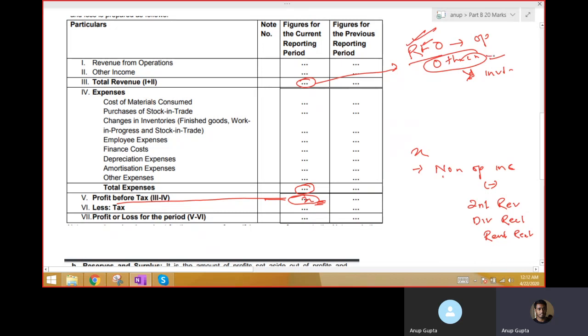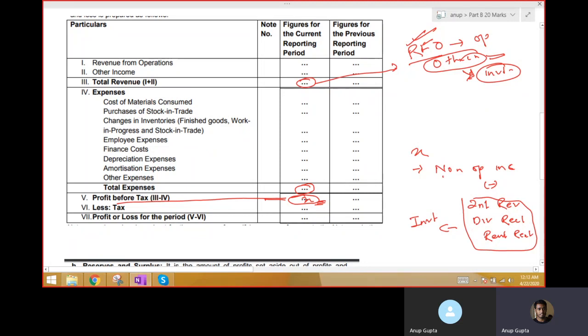It also included other income, which is investing activity. This has to be taken out from here and we'll show it in the investing activity. It's just showing in different places, different activities.